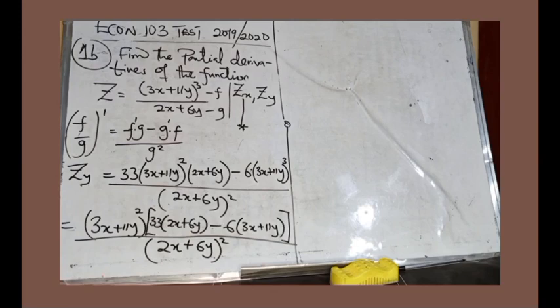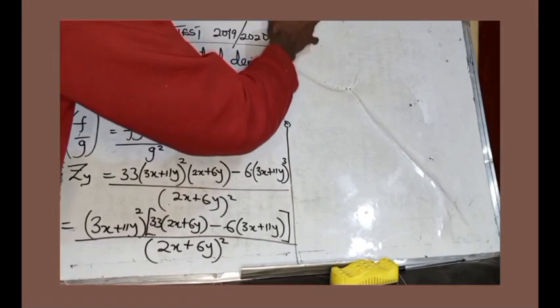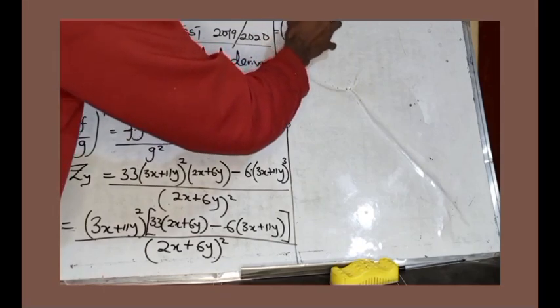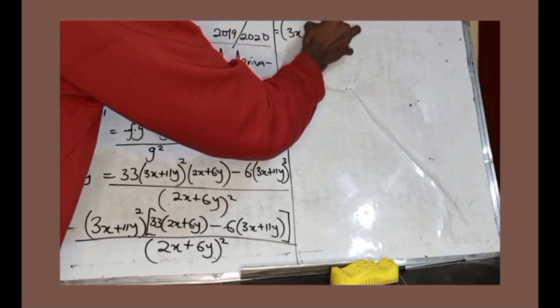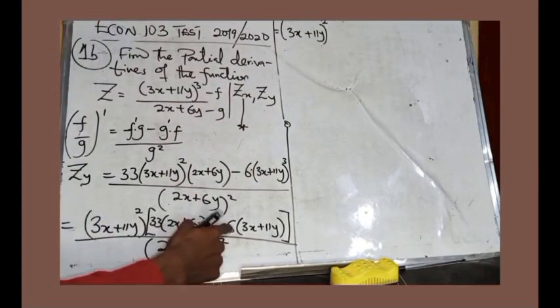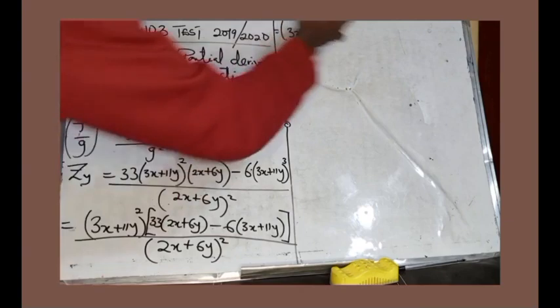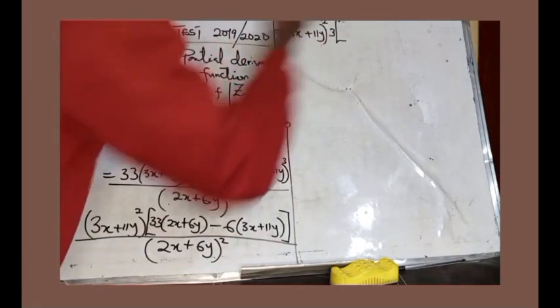Okay, so from here let's proceed and move on. What's common here? I have it to be equal to 3x plus 11y all square. Now let's focus on this place, guys. This is 33, this is 6. Something is common here. I think 3 is common. Now let's bring out 3, then open bracket.